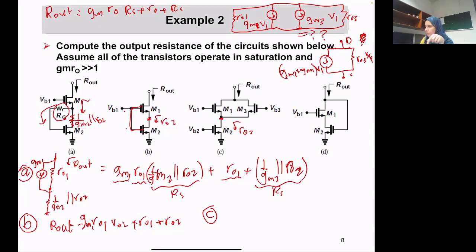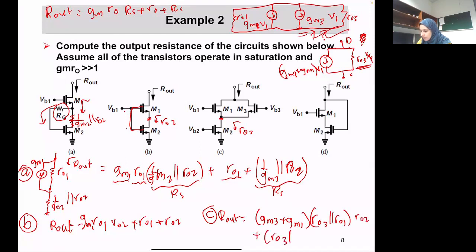So it will be equivalent to a single current source, gm, the summation of their gms, in parallel with an equivalent resistor, which is R out 3 in parallel with R out 1, times the RS, which is down R out 2, plus R out 3 in parallel with R out 1, plus R out 2.